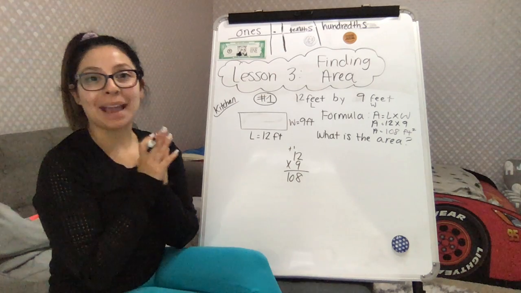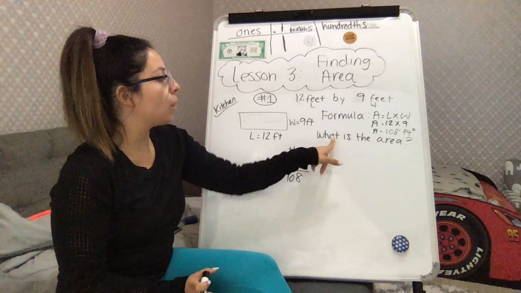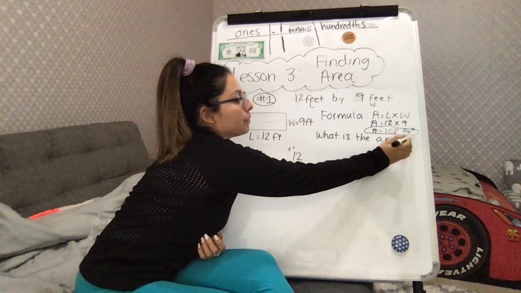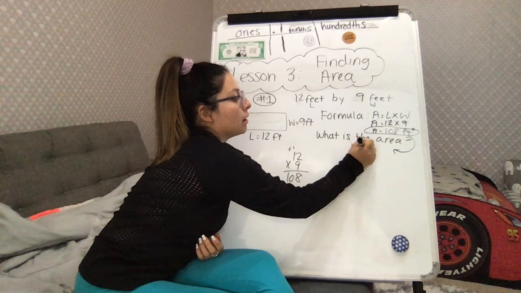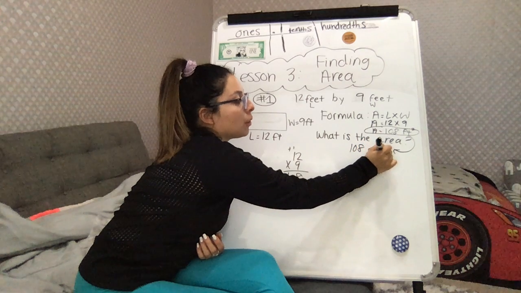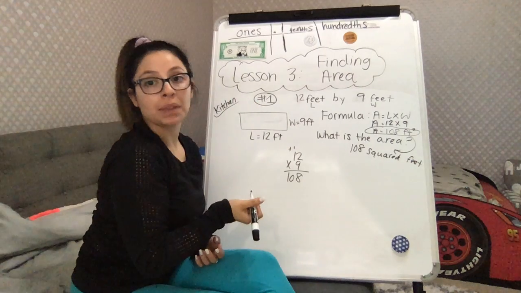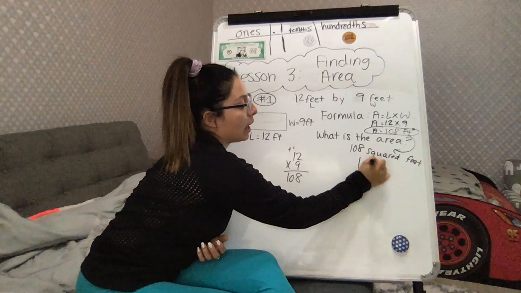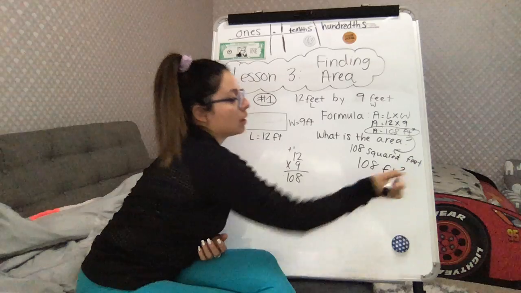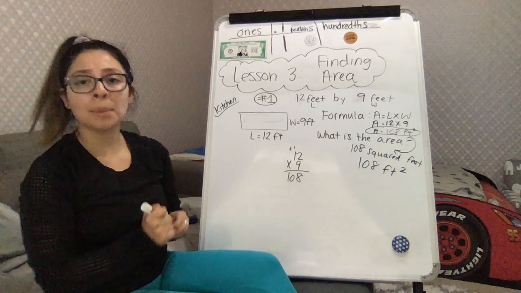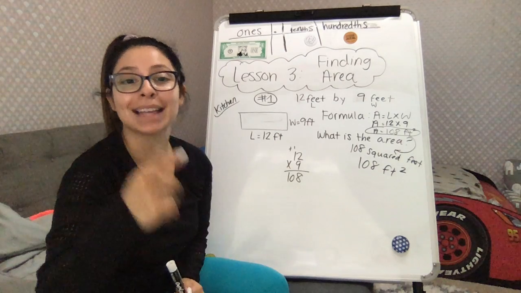So it wants to know what's the area. We had just solved that. So 108 squared feet. You can write out the entire word, or you could say 108 feet with our little exponent, which is squared. Okay, I'm going to erase this and let's go on to our exit ticket.